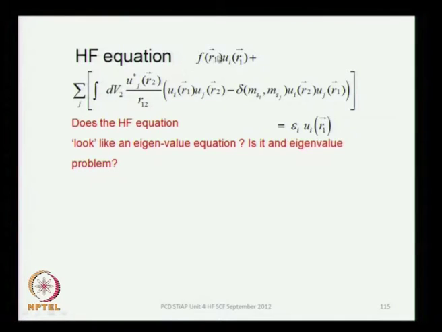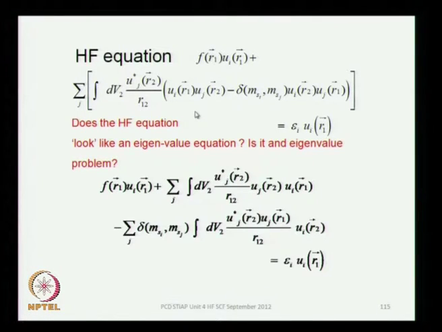So, the right hand side looks like the right hand side of a typical Schrodinger equation, H psi equal to E psi. The left hand side is an operator, the one electron operator operating on the same function. So, it really looks like an eigenvalue equation. The Coulomb term also has a similar structure.